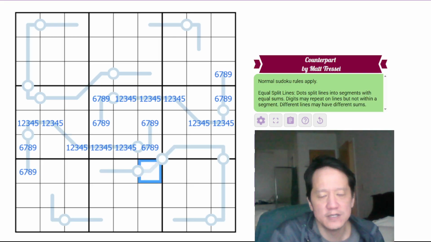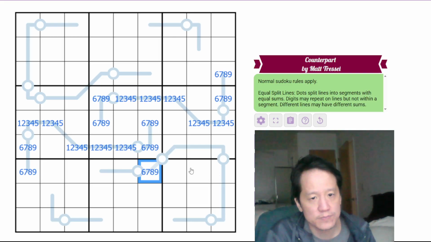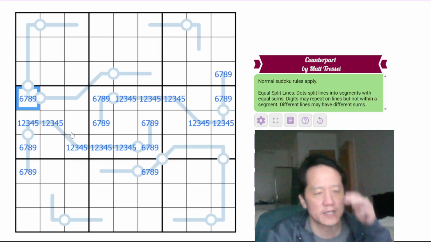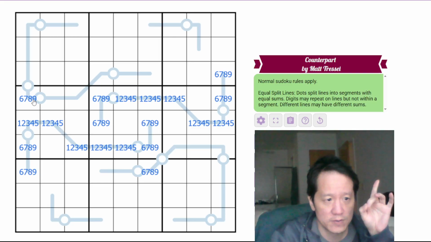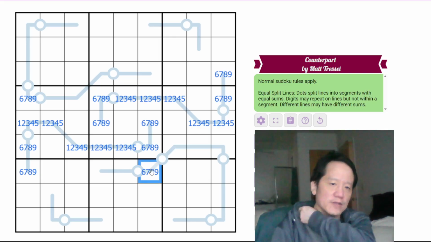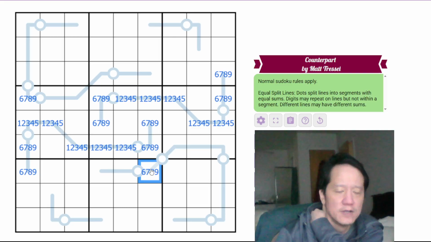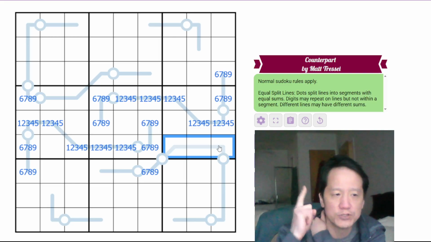That means this is at least 6, 7, 8, 9. This is at least 6, 7, 8, 9. But if this one specifically was 6 or 7, then these 3 digits would have to be the same exact set. It would be either 1, 2, 3 or 1, 2, 4.